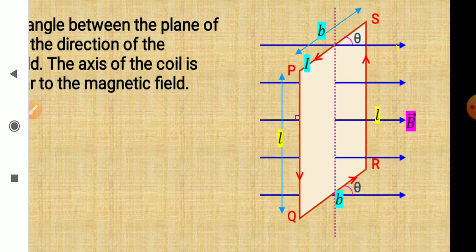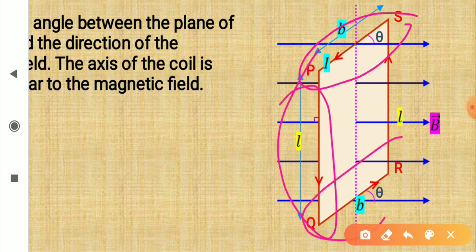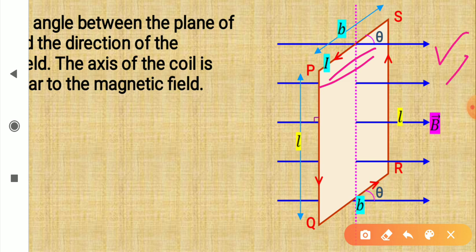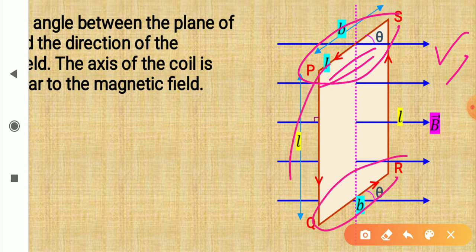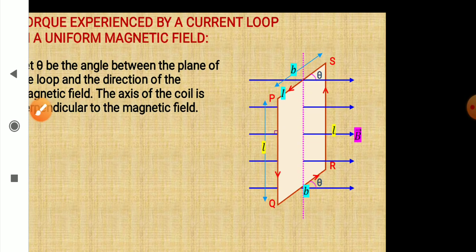Now, this loop consists of 4 conductors PS, PQ, QR, RS, and each conductor can be treated as a current carrying conductor placed in uniform magnetic field. So we can find out force on this one, this one, this one, and this one, and then we can find out their combined effect.